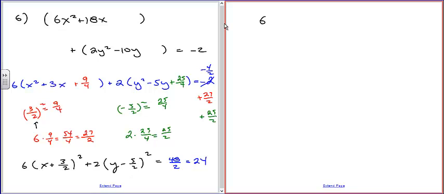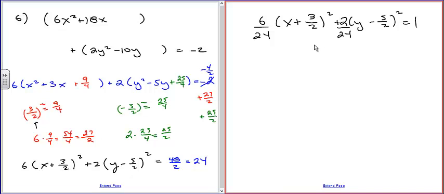Oh, yeah, so now what we got to do is divide both sides by 24. So you have 6 divided by 24 times x plus 3 halves squared, plus y minus 5 halves squared, and this is 2 divided by 24, is equal to 1.